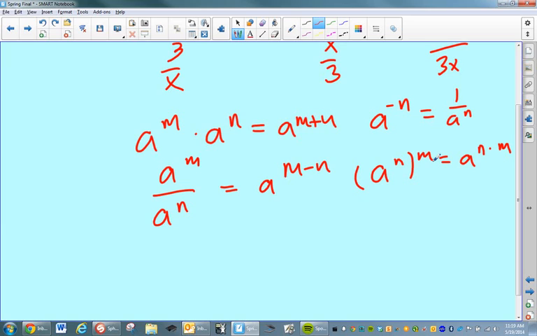Alright, so does someone have an argument for which one of those should go on the board? I have an argument for which one, but I want to hear you. The third one. What about the first one? Alright, can I get a vote? We're voting on what I just wrote. Raise your hand if you want that on the board.